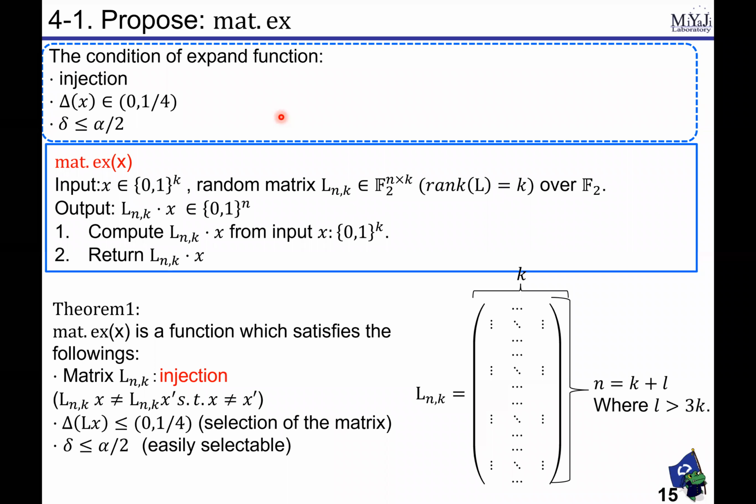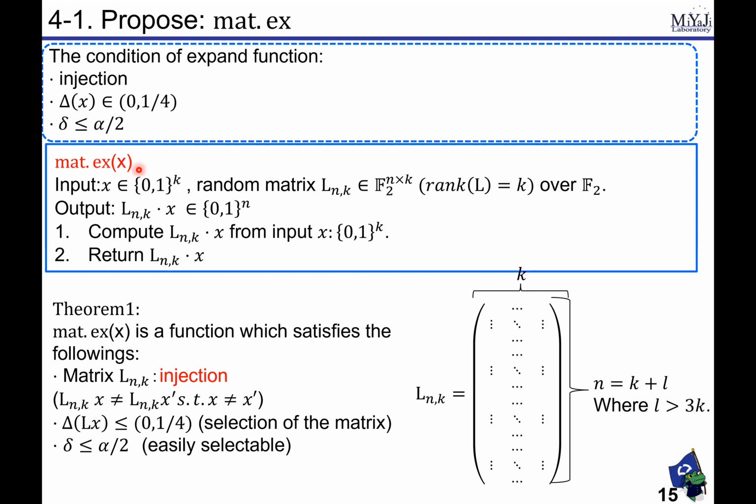Okay, now let's start our proposal. So we first propose our function MATX. The condition of the expand function is that it needs to be an injection, the relative hamming weight of x is 0 to 1 over 4, and delta is smaller than alpha over 2.